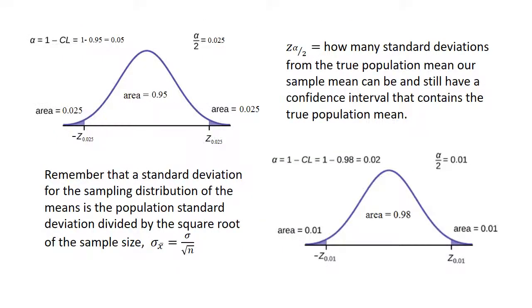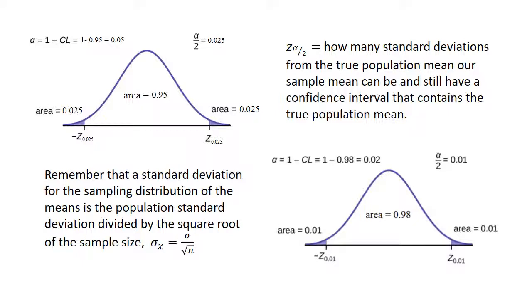So here we kind of have a picture of this. Here we have that Z alpha over 2. If we have a 95% confidence interval, we want the area in the middle to be 95% of all of our sample means. That means the area in the tails, the sample means that do not have a confidence interval that contains the true population mean, is what's left. 95% of the samples we get have confidence intervals containing the population mean. 5% don't.